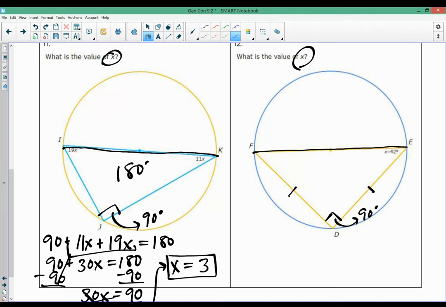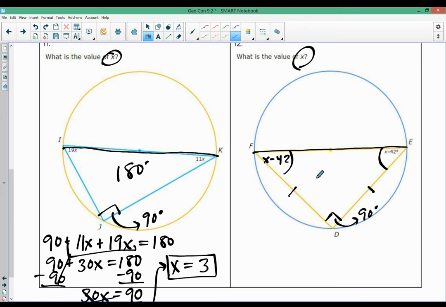If those sides are congruent, what type of triangle is this? We already know it's a right triangle, but classified by sides, it's either scalene, isosceles, or equilateral. Yep, it's isosceles. So if those two sides are congruent, these two angles are congruent. If that angle is x minus 42, this is also x minus 42.